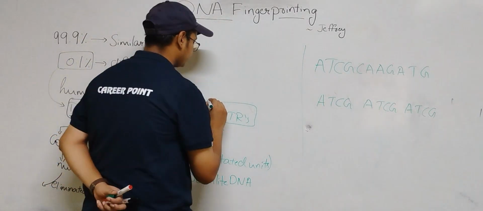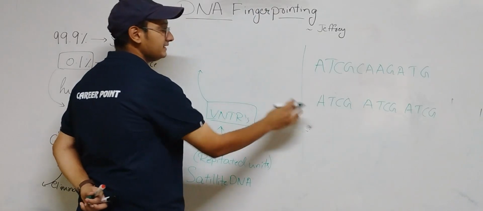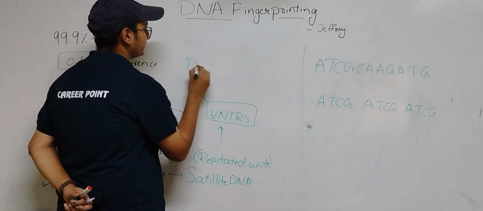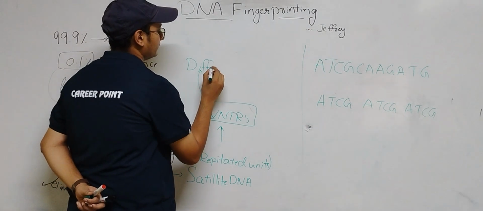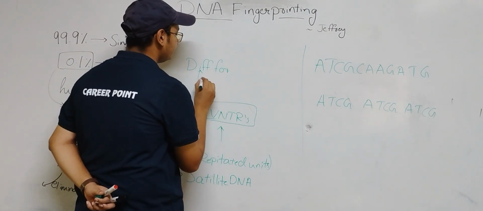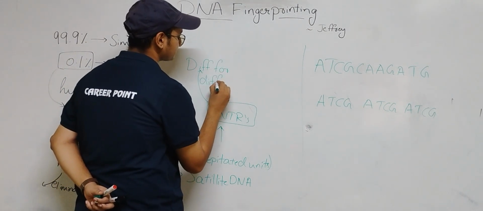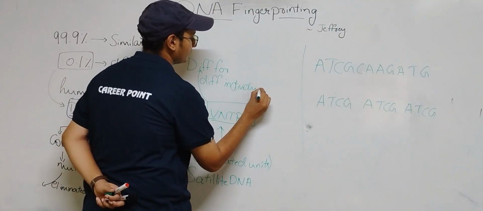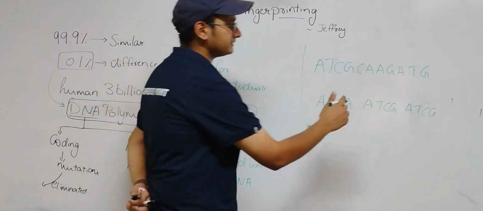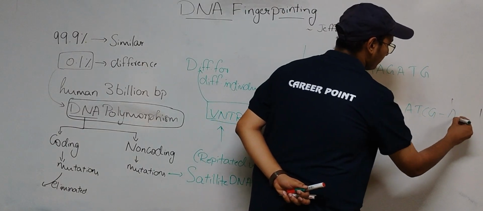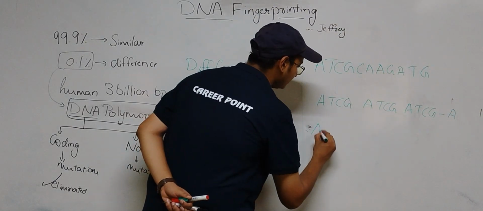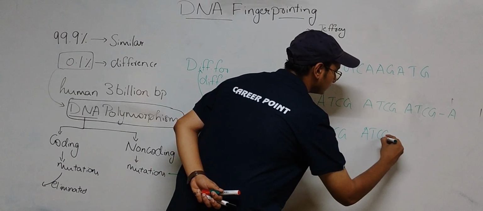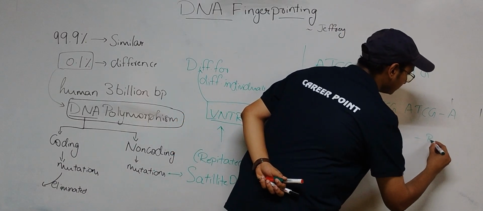These repeats are different for different individuals. Person A might have this, and person B might have just this.